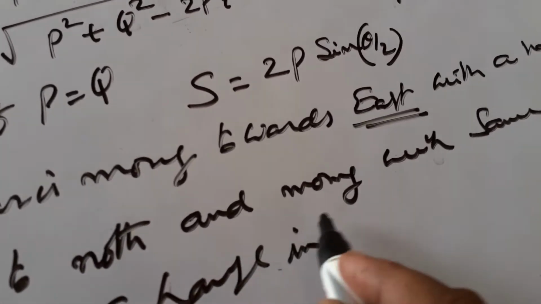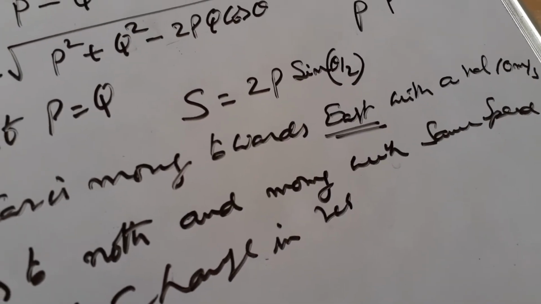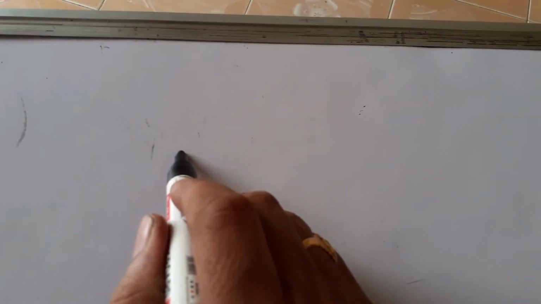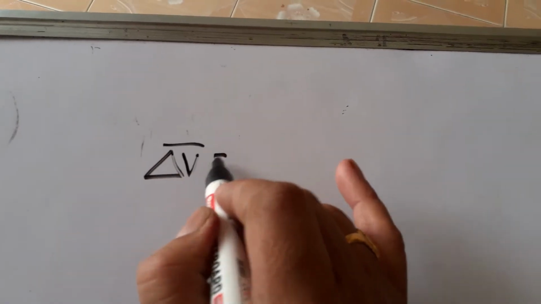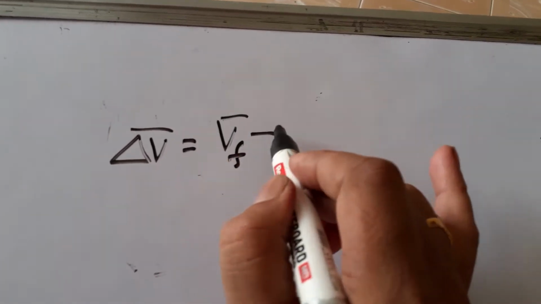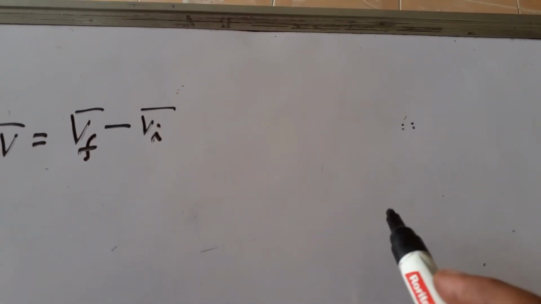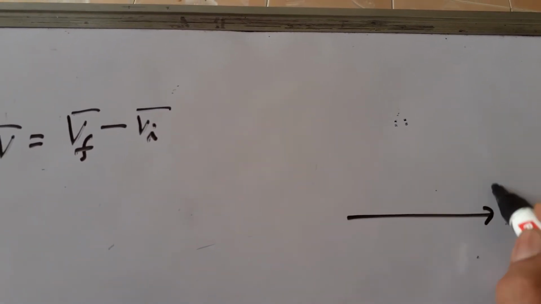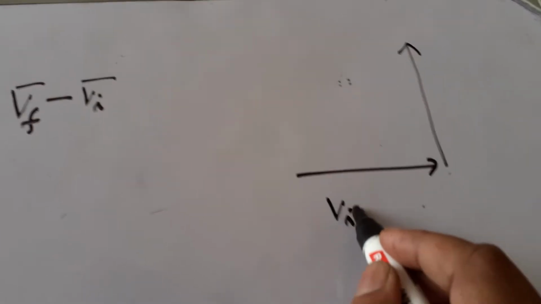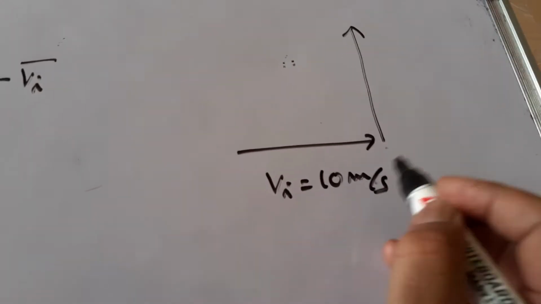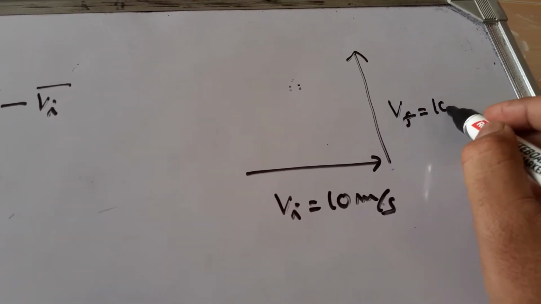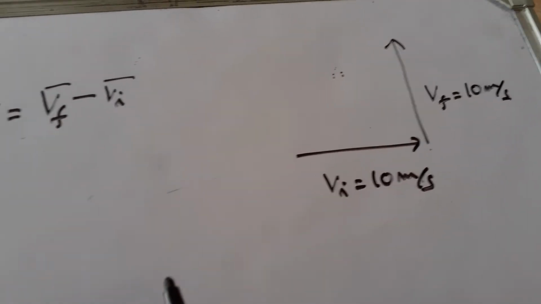Change in velocity is a subtraction of two vectors. So change in velocity, delta v bar, is equal to final velocity vector minus initial velocity vector. The car is moving east, then turns to north. So Vi is 10 meter per second, V final also 10 meter per second.